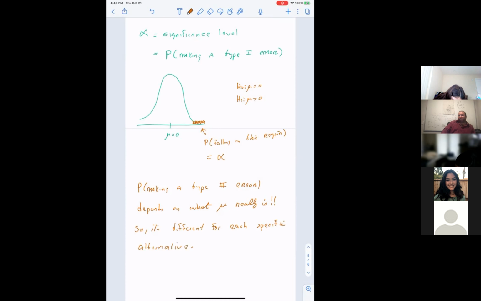Do we have something else that's different for each specific alternative? Is there something that's different for each specific alternative?